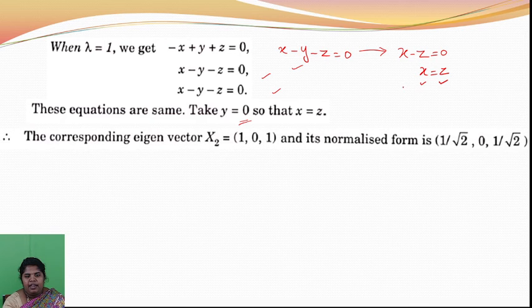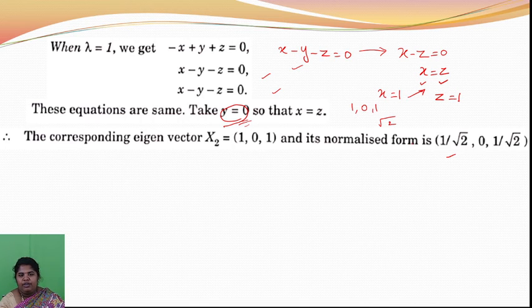Now if we take x equal to 1, since x and z are same, z is also 1. We have considered y as 0. So the corresponding eigenvector is 1, 0 and 1. Write in the normalized form, divide by root 2. So 1 by root 2, 0, 1 by root 2. This corresponds to the second eigenvalue 1.